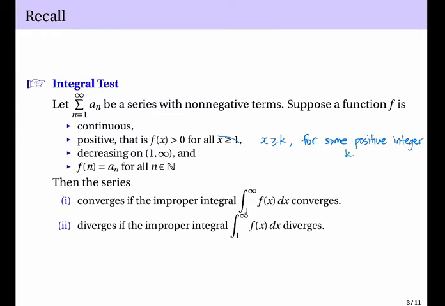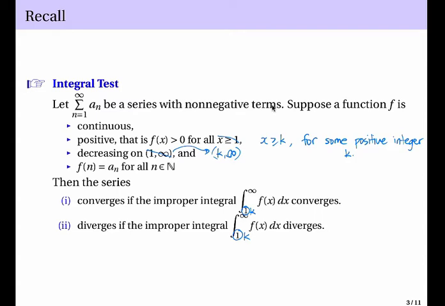And therefore, we can also change the interval where the function is decreasing. Instead of the interval 1 to plus infinity, we can replace this with the interval k to plus infinity. With this modification, we change the lower limit of integration of the improper integral. So instead of 1, we can just replace this with k. And the conclusion remains the same.